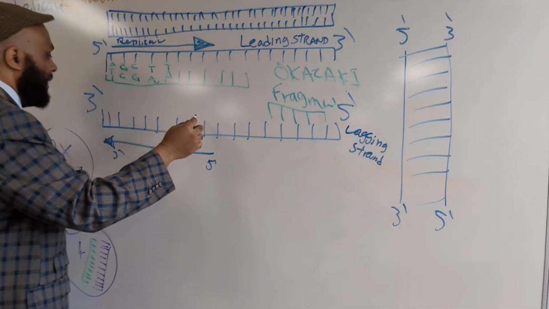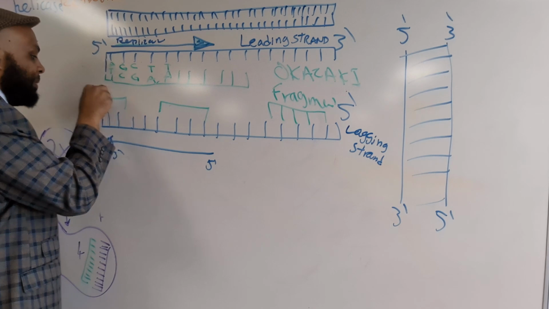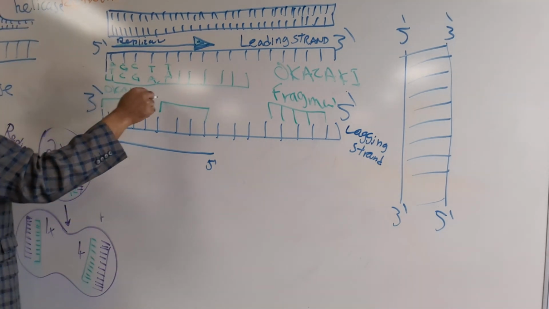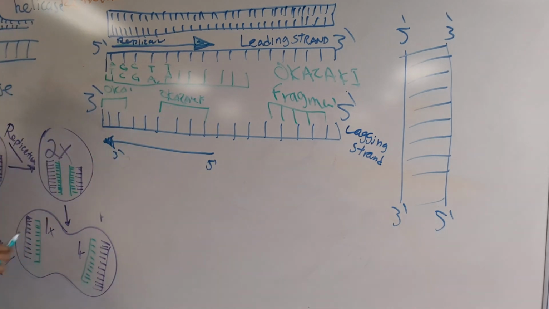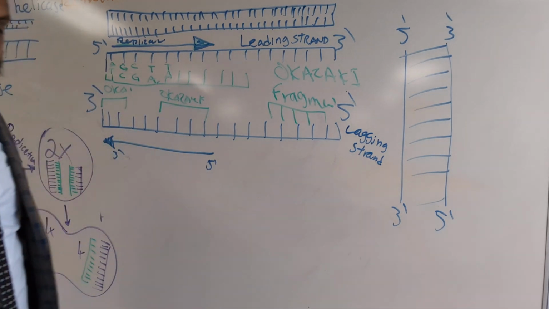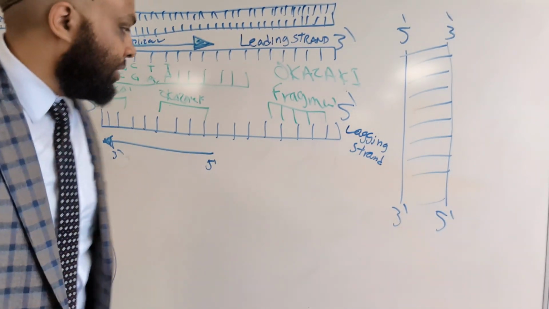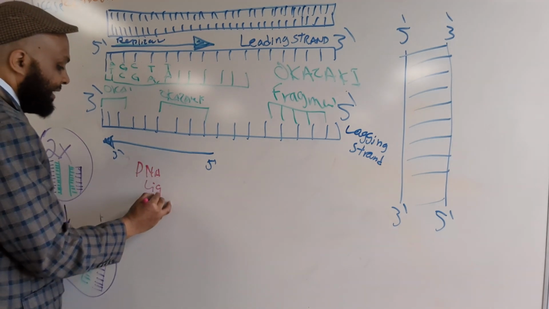So it will be going 5 prime to 3 prime, stop. 5 prime to 3 prime, stop. So these are Okazaki fragments. Then a glue DNA, known as DNA ligase.